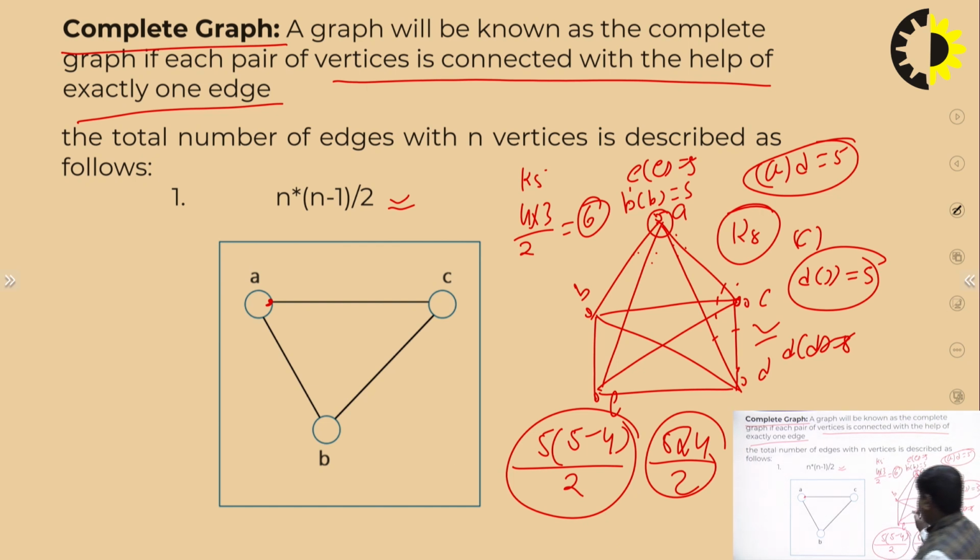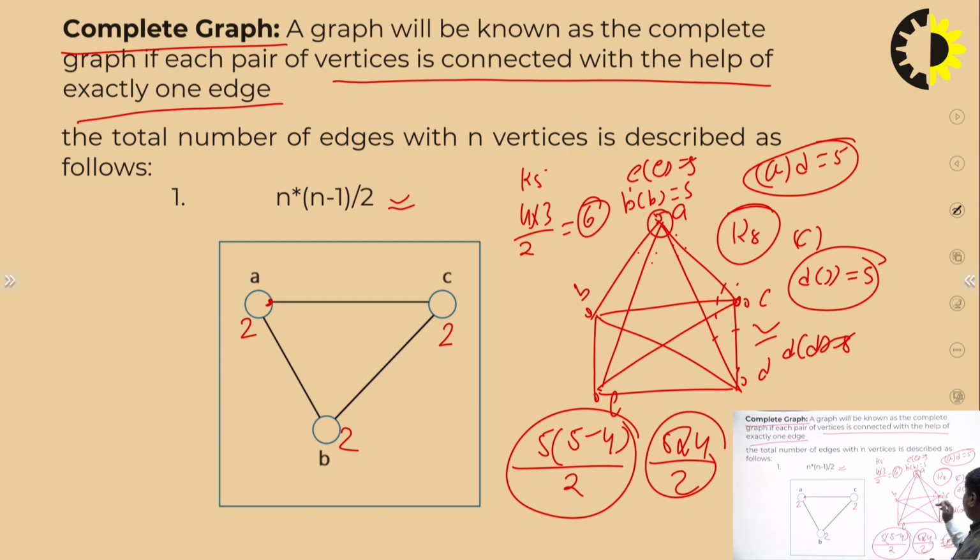Here, what is the degree of C? 2. Here the degree of this is 2, and the degree of this is also 2. What is the degree of the complete graph? The degree of the complete graph is equal for all nodes.